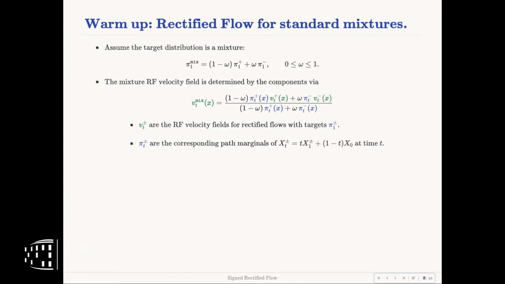It's in fact a posterior expectation, because for each data point, you calculate how likely it belongs to pi plus and minus, and then you get the posterior average of the velocity field, right? This is really nice. And do you guess what I will do next step?